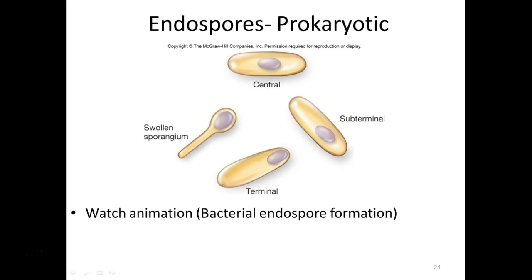Sometimes when the spore is formed, it will actually be larger than the cell itself. And so they refer to this as a swollen sporangium. Sporangium is the term of a cell that has formed a spore within. Again, this is in other organisms used as a reproductive term, not reproduction.